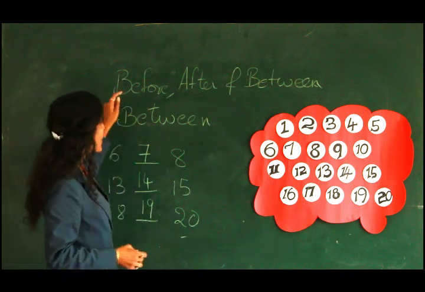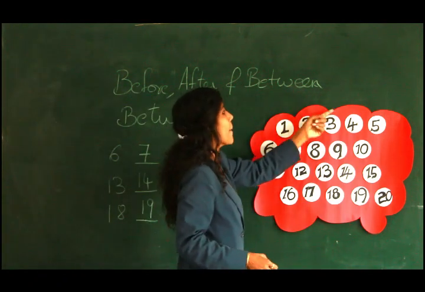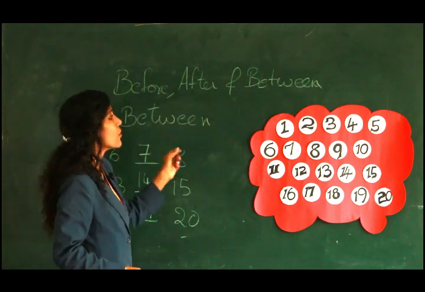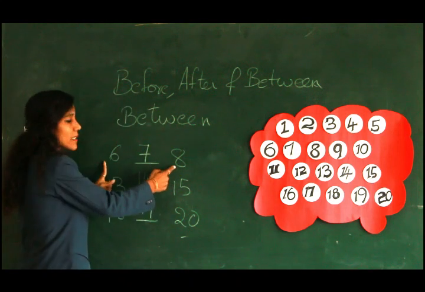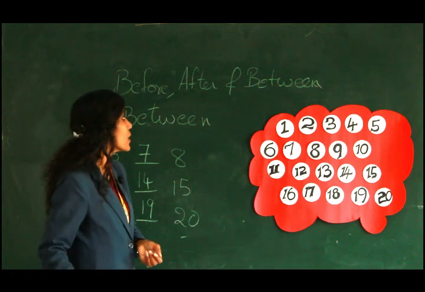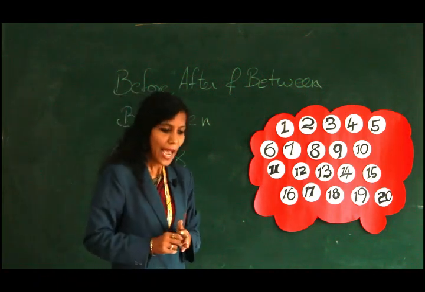So here we finished before, which includes backward count, after, which includes forward count, and between is a number which comes between two given numbers. So here we finish the concept of before, after and between.